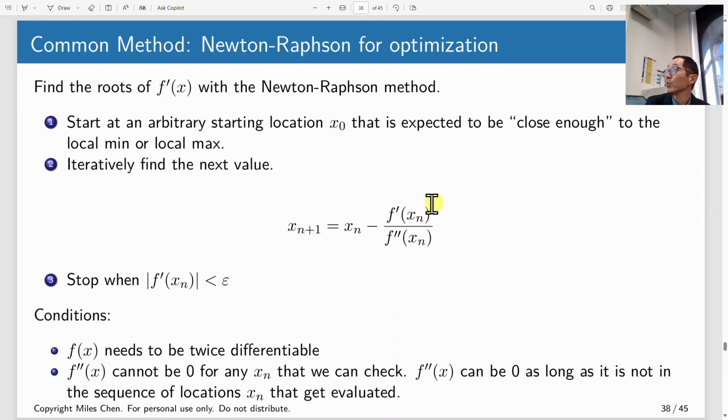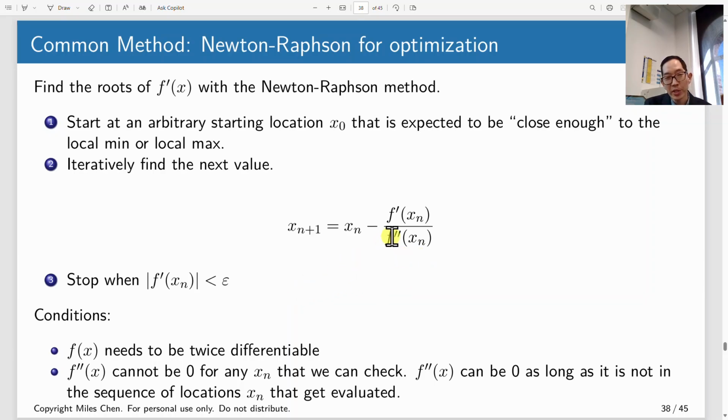Because the function that we want to find roots of is f prime, so we take that function divided by the derivative of that function. So f prime divided by f double prime, and we keep going, and eventually f prime is going to be approximately equal to 0. It's going to be less than whatever epsilon value is, and that's when we say, all right, we found something that's close enough to a local min or local max or critical point, okay?